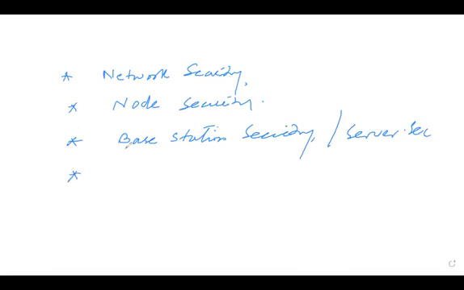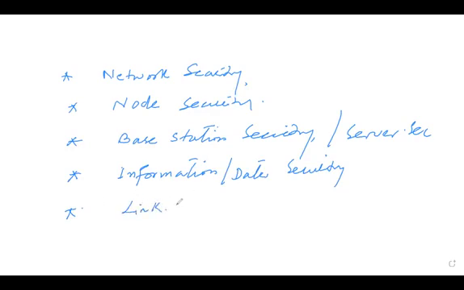Besides that, we also have information security. You can say the information or data security. And another important category is the link security, that the link on which your data travels from source to destination or from node to node must be very secure.